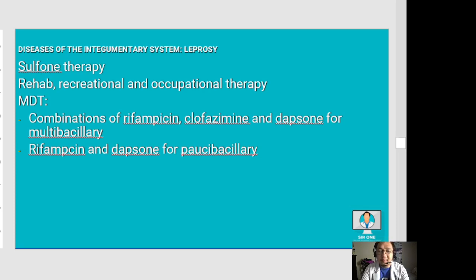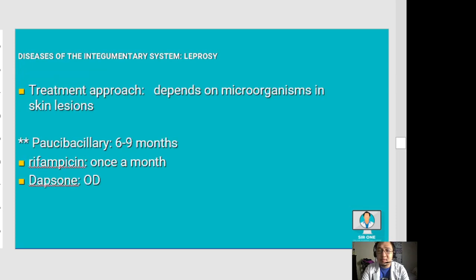Okay. So we have treatment approach depends on microorganisms in the skin lesion. So whether it's few or many, so that's the basis of paucibacillary and multibacillary leprosy, and the treatment is also based there.